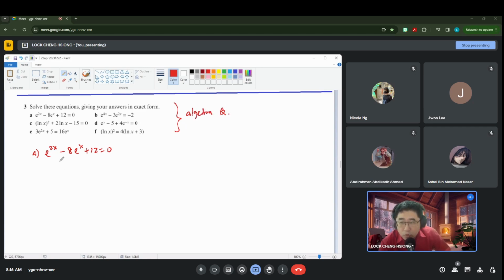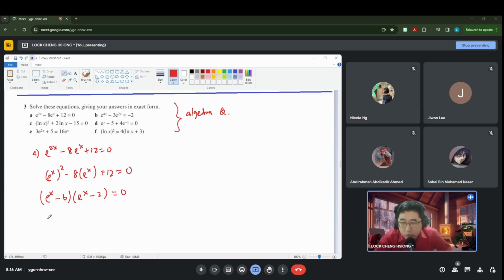Over here, we write this in the form of a quadratic first. Then after that, we factorize them. Minus 8 and this one is 12, so minus 6 and minus 2.